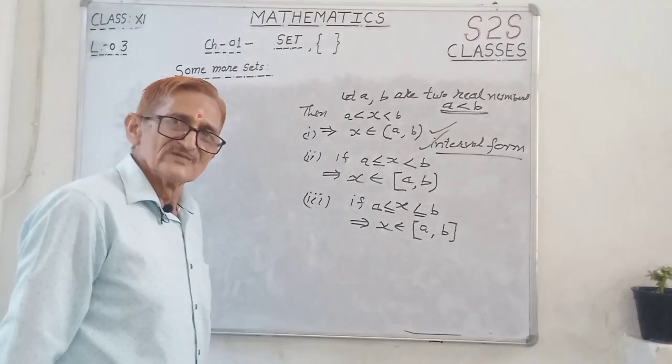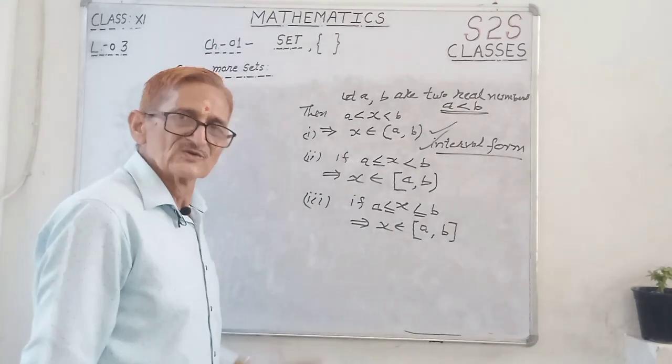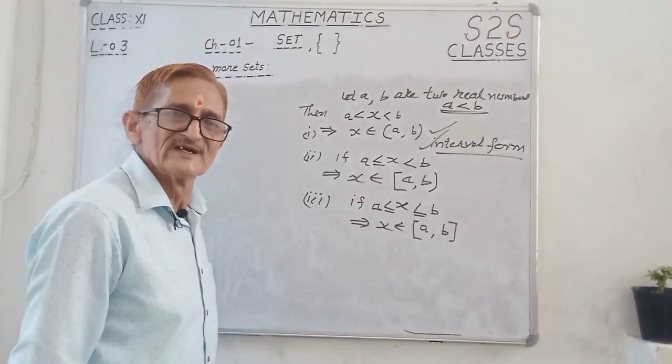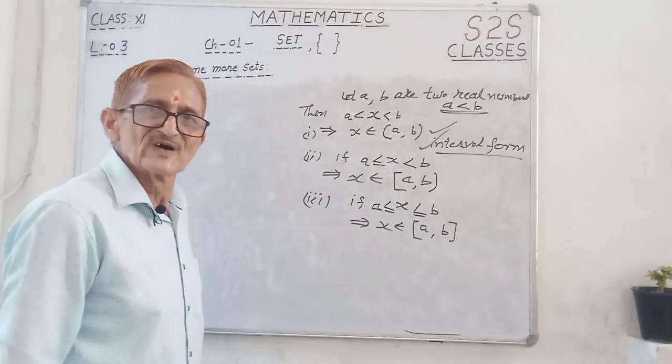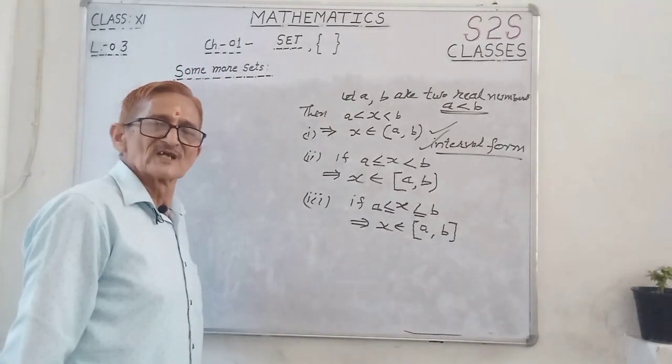We can't make a list of all, so interval form is important to write any set of real numbers, since many real numbers are there.